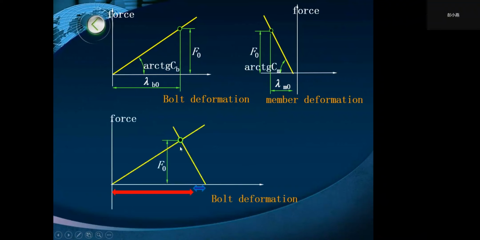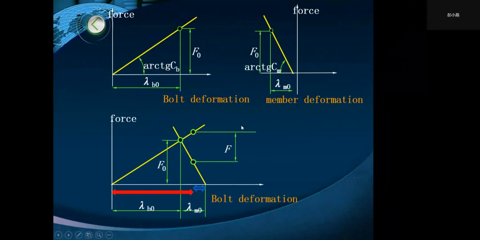This is the deformation of the bolt and this is the deformation of the members. The bolt will elongate and the members will be compressed. This is the elastic deformation of the bolt and the elastic deformation of the members.